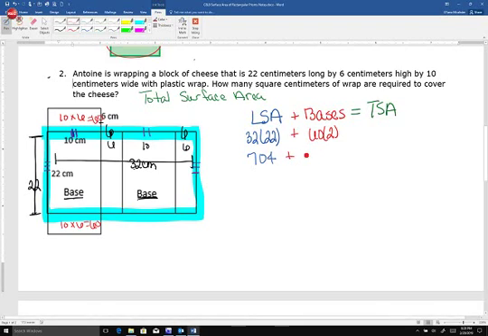The area of the bases is 120. And when I combine these together, I get the total surface area of 824 centimeters squared.